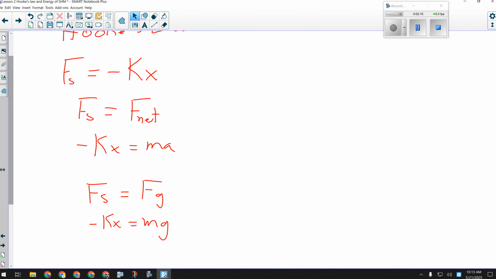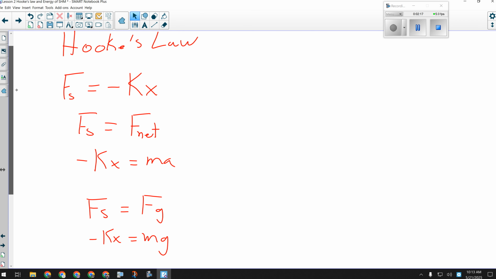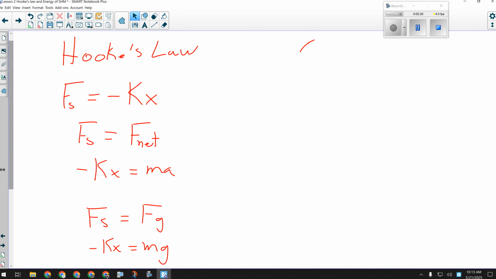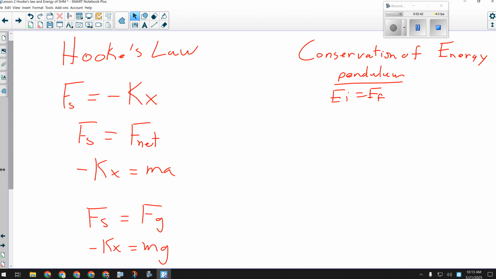And then we talked about conservation of mechanical energy. We said that in a pendulum, we would have, obviously, EI equals EF, as we would in any conservation of energy question. But in a pendulum, our potential energy is gravitational.